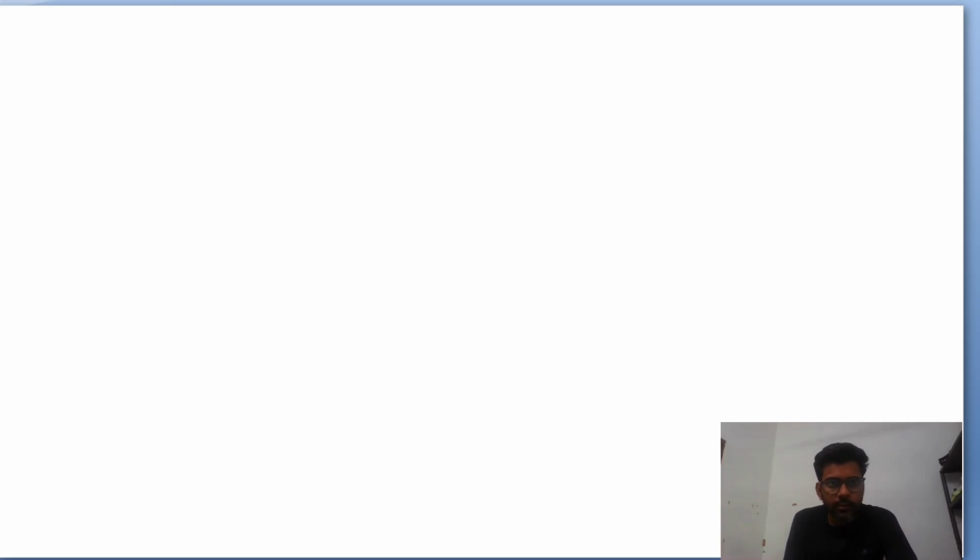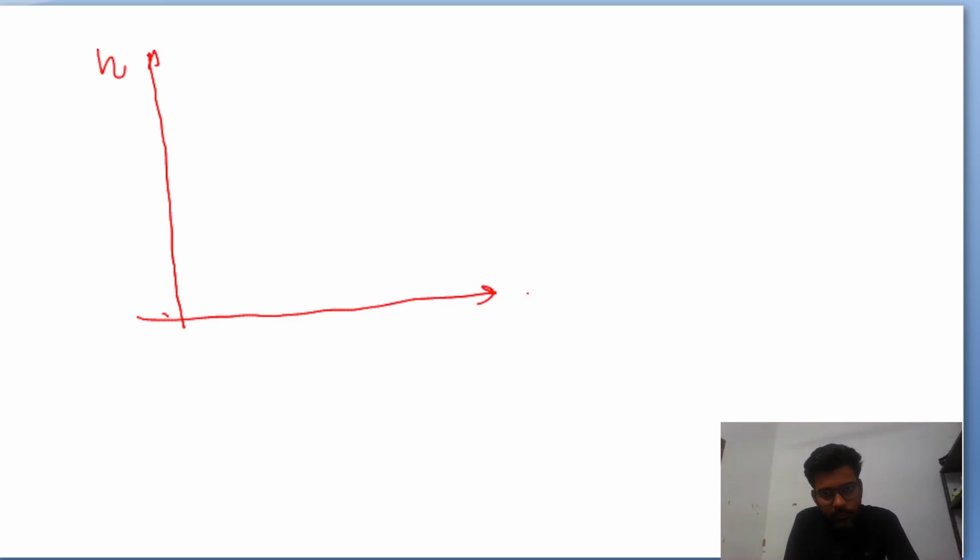Now if we draw this cycle on the HS diagram, that is at HS coordinates, the vapor dome looks like this, and the constant pressure line on the HS diagram is expanding.